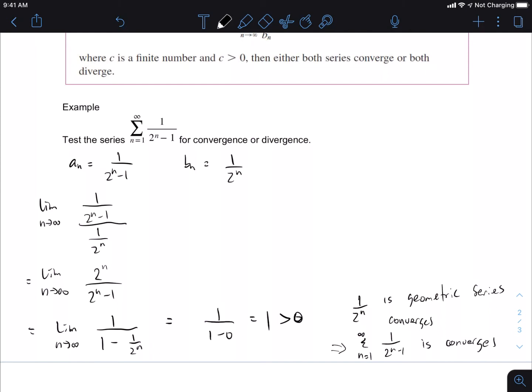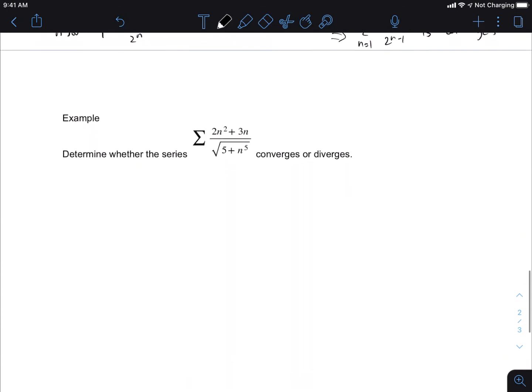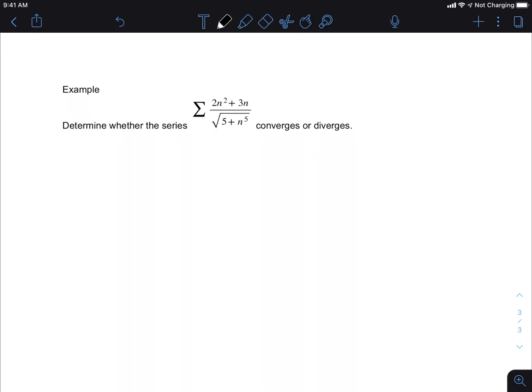Okay, so in this next example, this looks kind of freaky, right? Like, we obviously know our a sub n is going to be 2n squared plus 3n over the root of 5 plus n to the 5th. And our b sub n is just going to simply be the first term, the n squared, and then in the denominator, I'm going to take that n to the 5th divided by 2, right, because it's a rooted function.